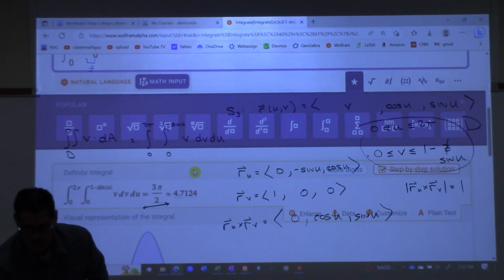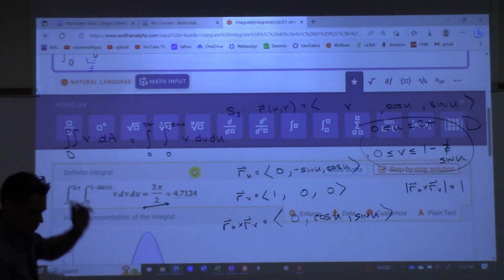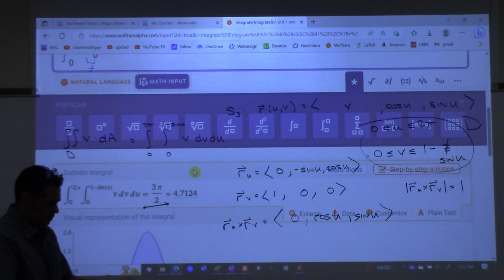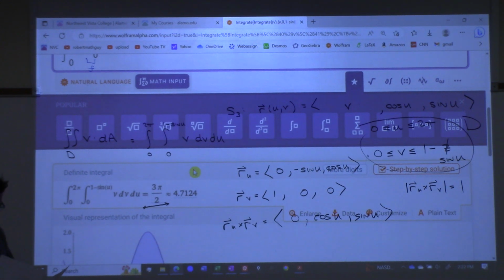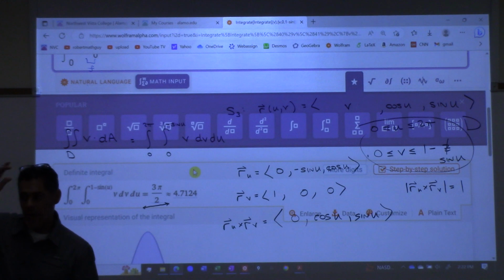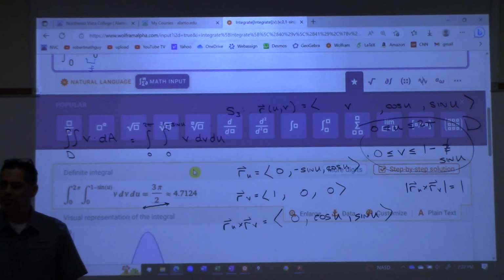Three pi over 2. Let me double check that. Did I do this one? Yeah, now we add up all those answers, and that's our answer.